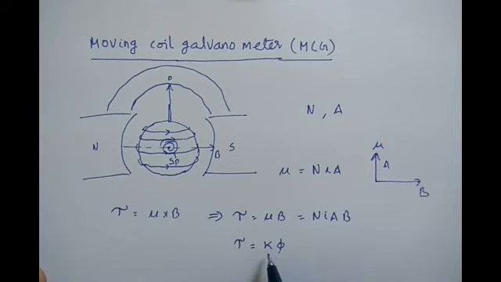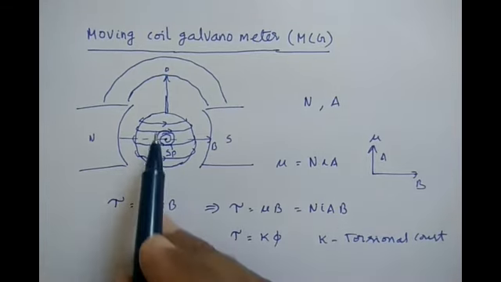Here K is called the torsional constant, and that is defined as the torque required to produce unit twist. So phi is here the deflection.